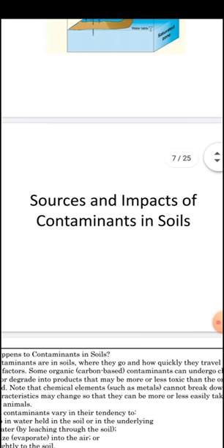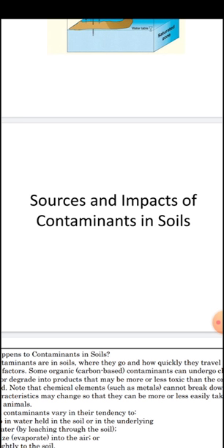Now, sources and impacts of contaminants in soil. As I was talking earlier, the most important thing is how the medium is going to behave. We have two media, soil and groundwater. Soil has different soil textures, so that texture is important.